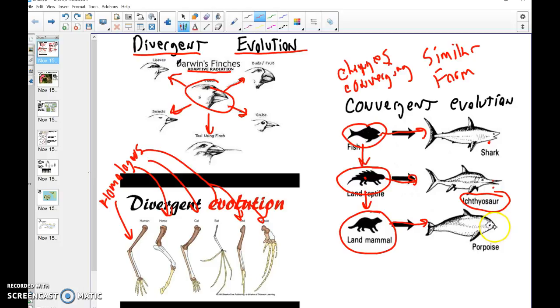And again, these organisms have certain similarities to these other seafaring creatures. But they have some very distinct differences because they didn't evolve from a recent common ancestor, but instead they evolved down a long path. So they actually came from an ancestor that doesn't seem like it would make sense. And that's what convergent evolution is. It's when organisms that are not similar evolve into something that is similar. Okay?